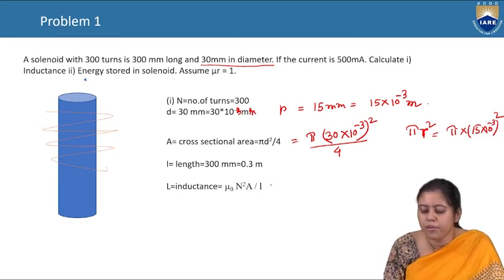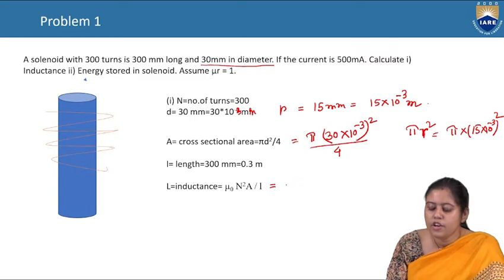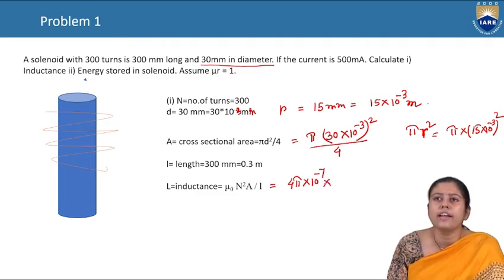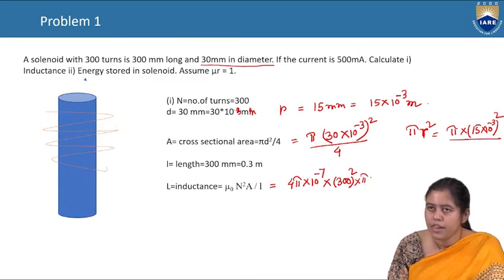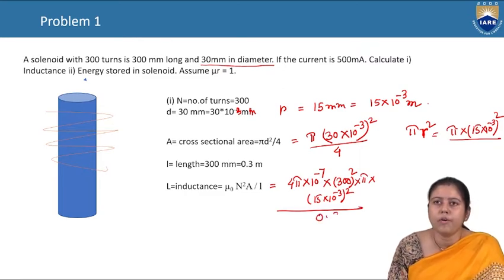So if we put in the values, what is the value of mu naught? Mu naught is 4 pi into 10 to the power minus 7, and N value is given as 300, so N square, into A by L. A we have got as pi into 15 into 10 to the power minus 3 whole square, divided by L. L is given as 300 millimeter, 0.3.